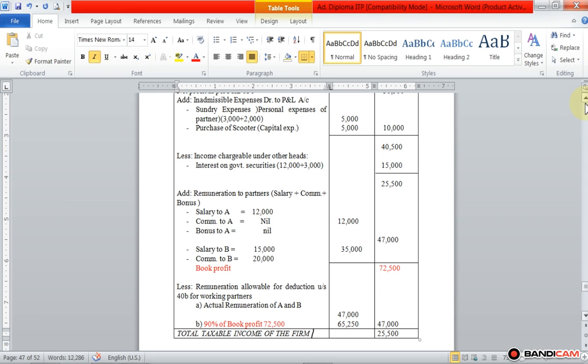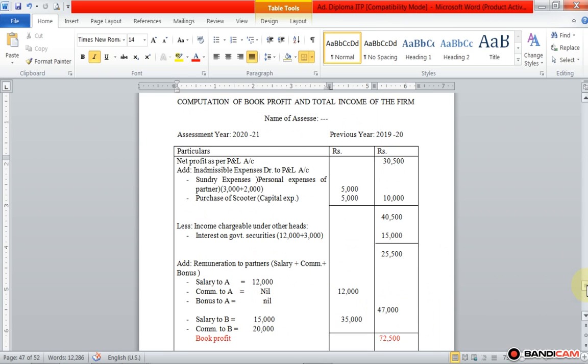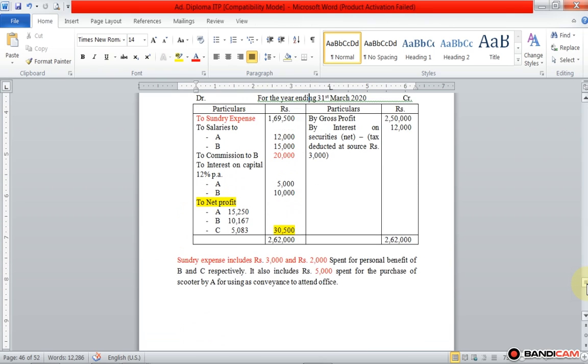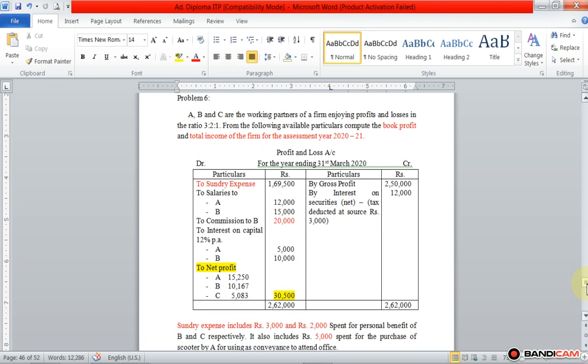Book profit means it is the net profit of the firm, and then we find out a total taxable income of the firm after deducting the remuneration of the working partners. Okay, got it? So we compute both parts of this problem. Okay, so again we revise here. Let's see, in this problem A, B, C, the three partners are working partners.